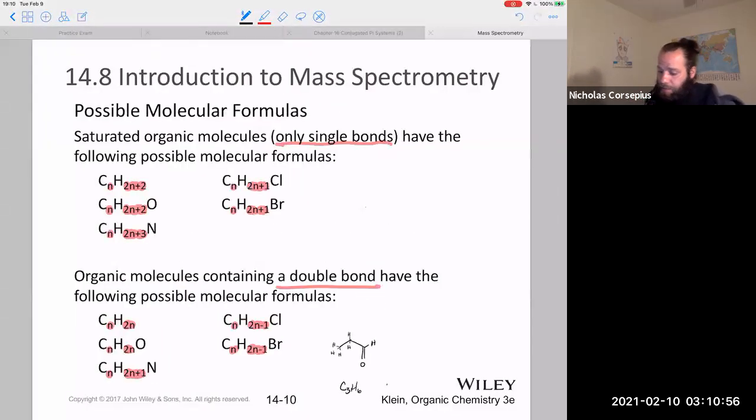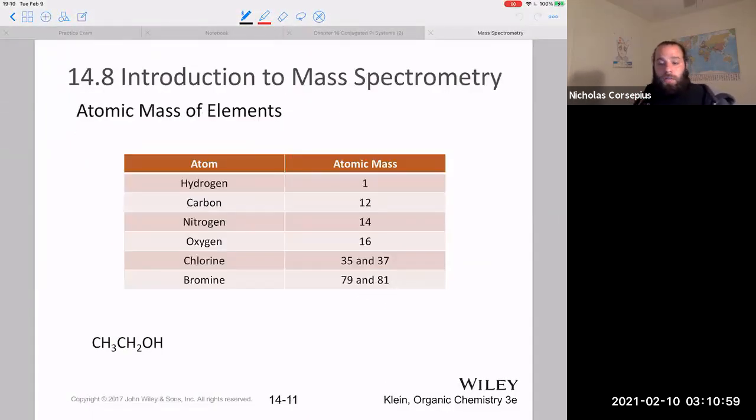Okay, and then lastly, when we're talking about the mass here, we're talking about single molecules that are hitting these detectors, right? So usually when we were calculating molar mass, we would use the atomic masses from the periodic table, which are the molar masses. They're averaged over a whole mole, or 6.022 times 10 to the 23rd atoms.